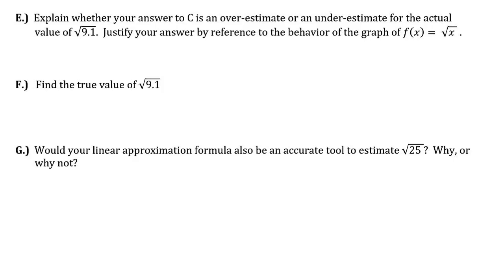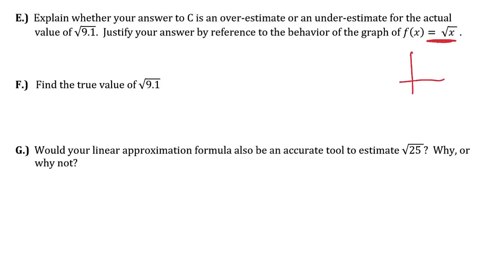Okay, so for part E, it says to explain whether your answer to C is an overestimate or an underestimate for the actual value of the square root of 9.1, and justify your answer by reference to the behavior of the graph of f of x equals the square root of x. Well, think about where the graph was.